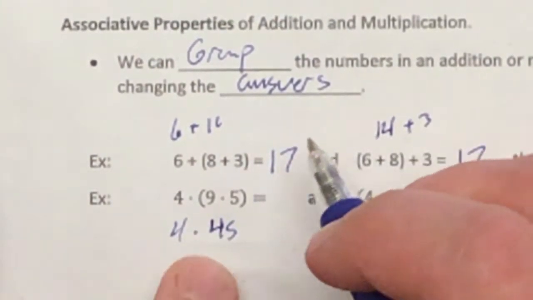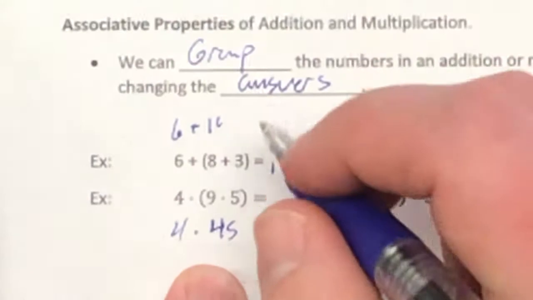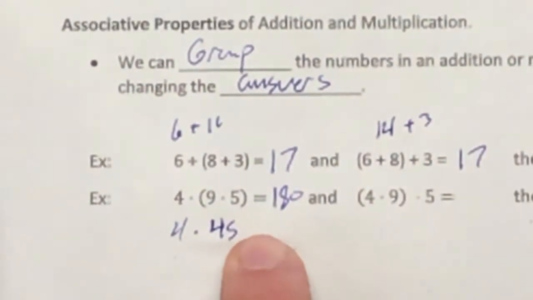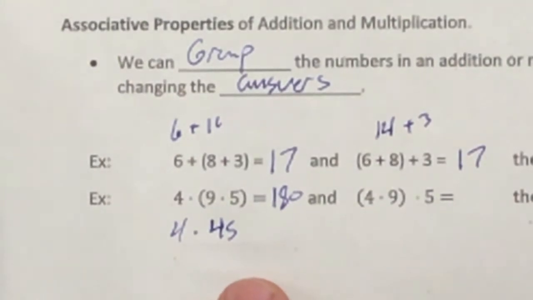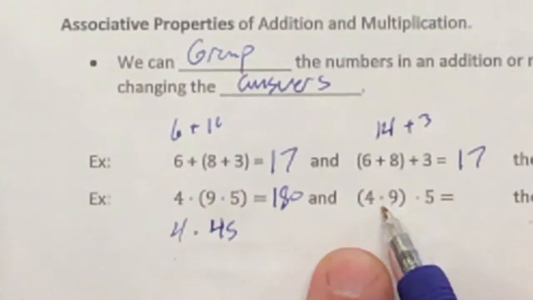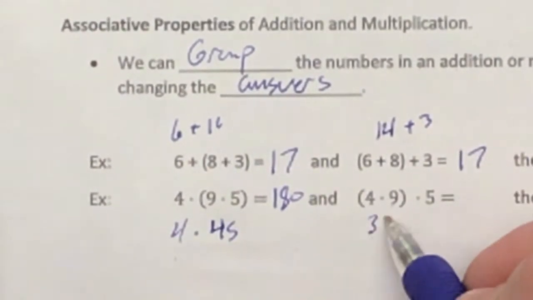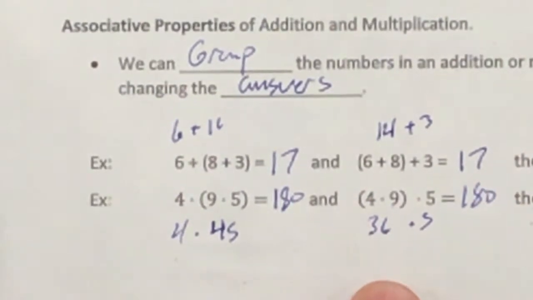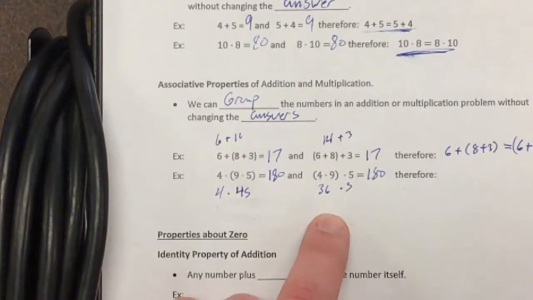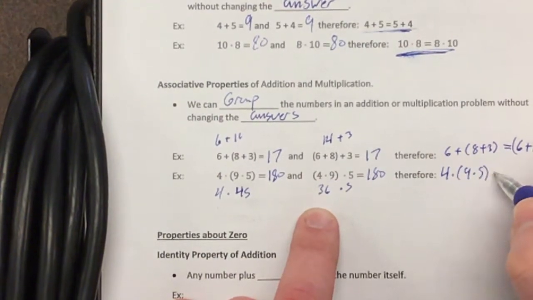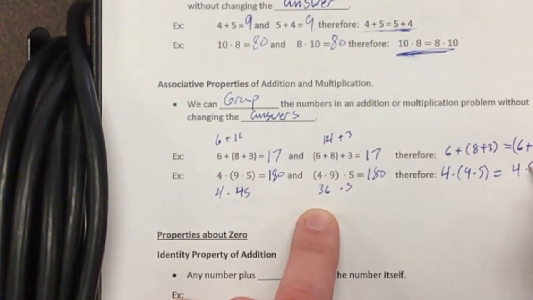Nope, it's going to be 180. 45 times 2 is 90. 90 times 2 is 180. All right, what's 4 times 9 now? That's what we'll do first this time. 36. What's 36 times 5? 180. It's 180 because they're going to be the same, right? We're catching on? Yeah. So 4 times 9 times 5 is equal to 4 times 9 times 5.